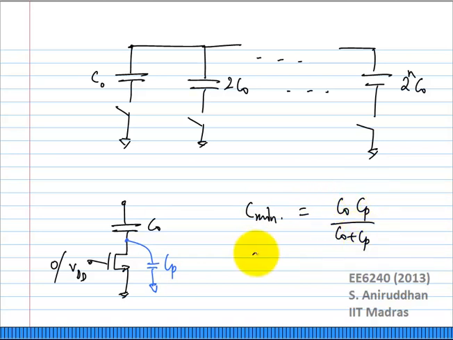C max is C0. Right? So the actual C max by C min I get is not infinite. I don't go from 0 to the C max. I have some certain minimum capacitance to C max.